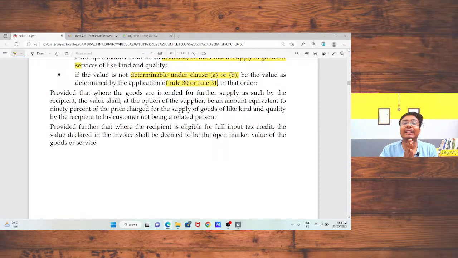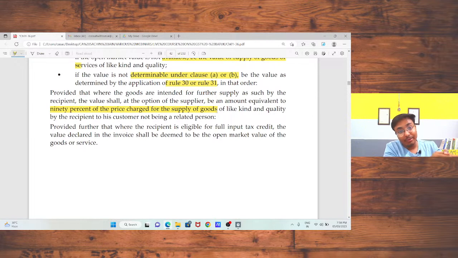Provided that where the goods are intended for further supply as such by the recipient, the value shall, at the option of the supplier, be an amount equivalent to 90% of the price charged for the supply of goods by the recipient. That means if I am transferring any particular product to my branch situated in Gujarat for 30,000 rupees, and if that branch is going to further supply that product for 50,000 rupees, in that case I may take the value of supply as 90% of the 50,000.